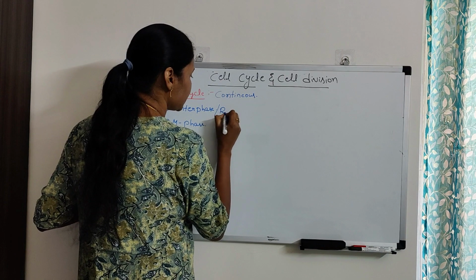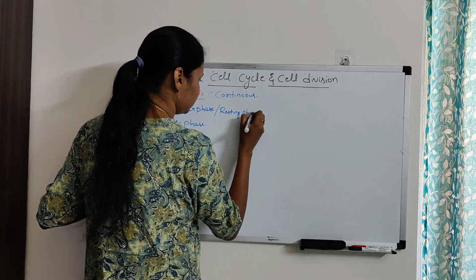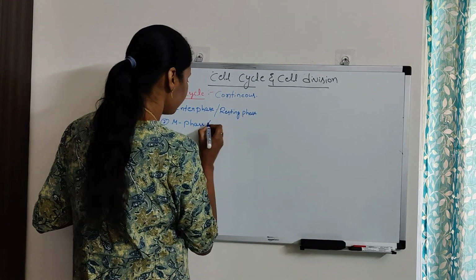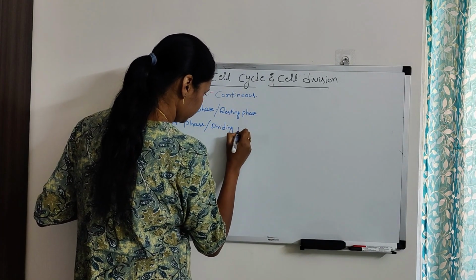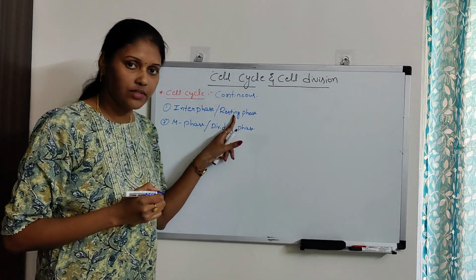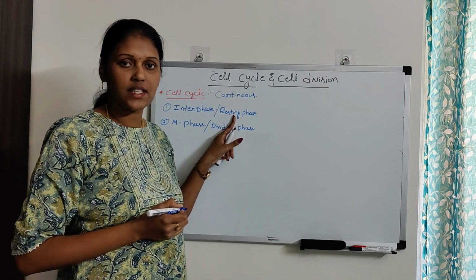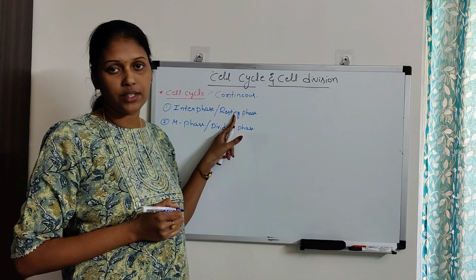Interphase is also known as the resting phase and M phase is also known as the dividing phase. Why is it called the resting phase? Because previously scientists believed that the changes are not visible during this phase.